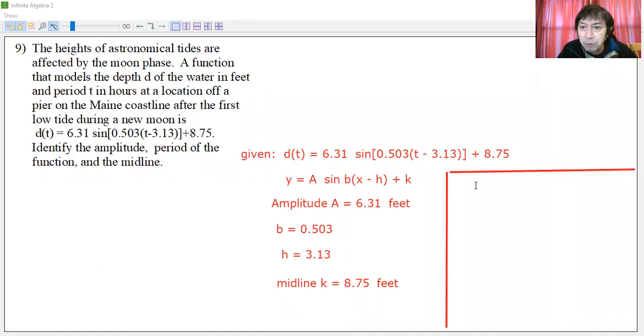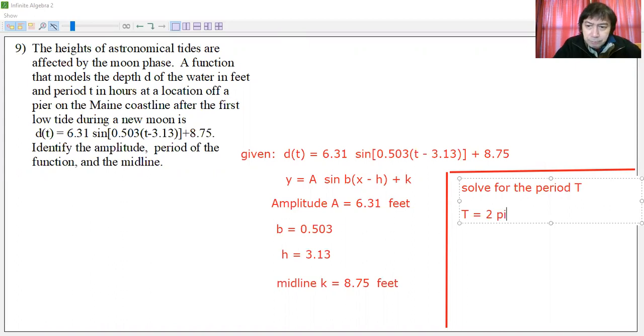We're asked to get the period t. So solve for the period t. And the formula is the same formula, 2 pi over b. And so we will put a divide symbol there. 2 times pi divided by b. That continues with the values that we have. This is now equals, okay, the numbers are given.